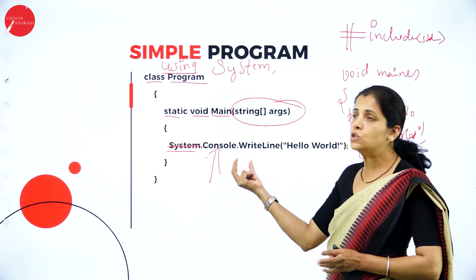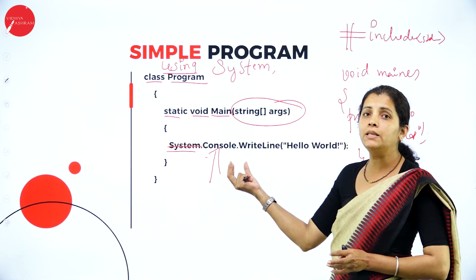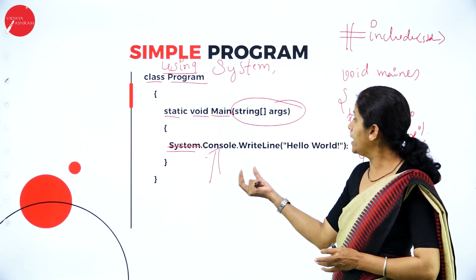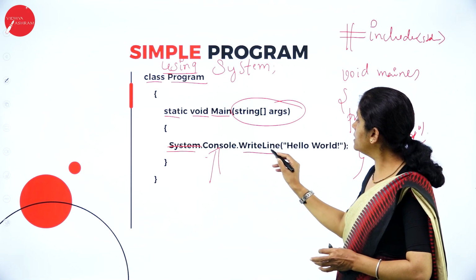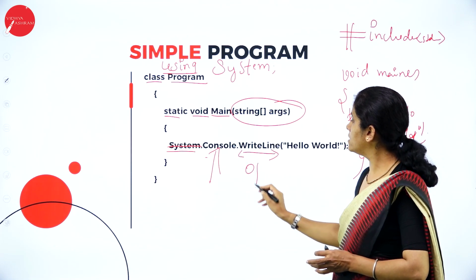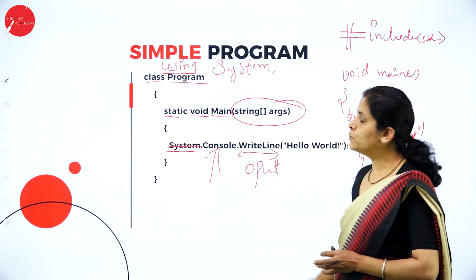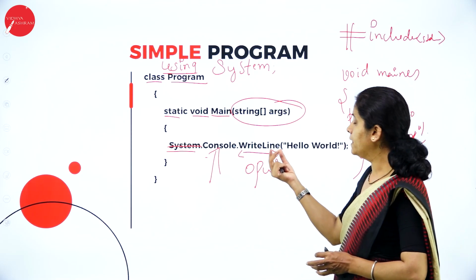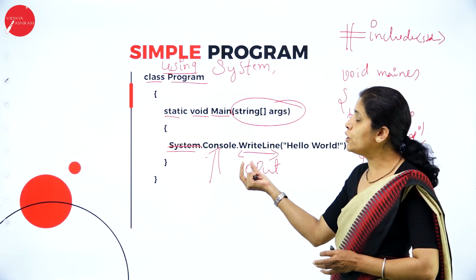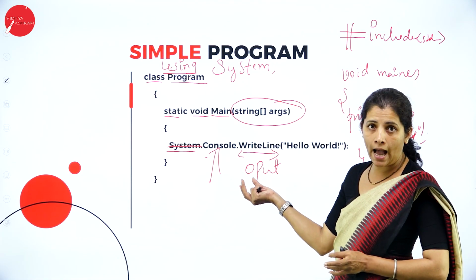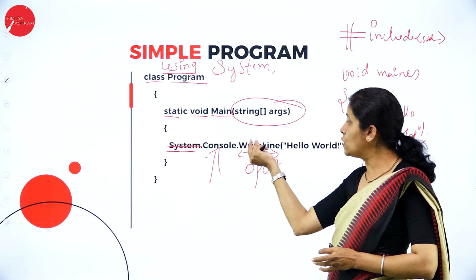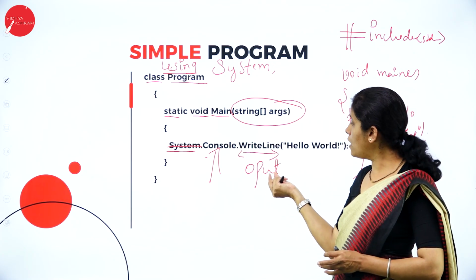Console dot. So here what is Console? Console is nothing but the monitor. Dot WriteLine. WriteLine is nothing but the output statement. It is similar to your printf statement in C program, but here it is C#. So Console.WriteLine is the output statement.